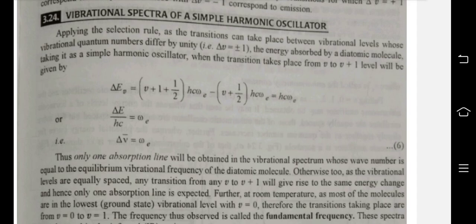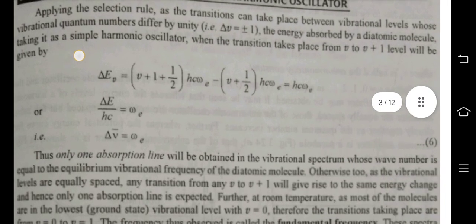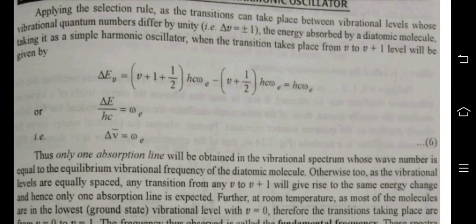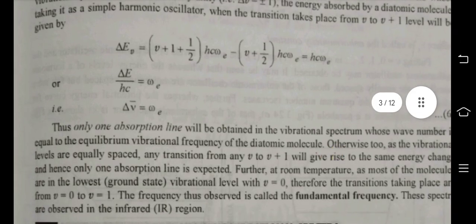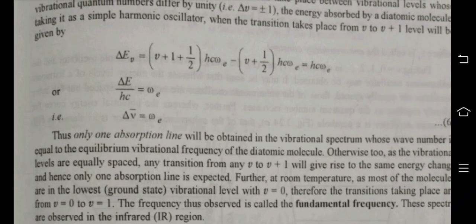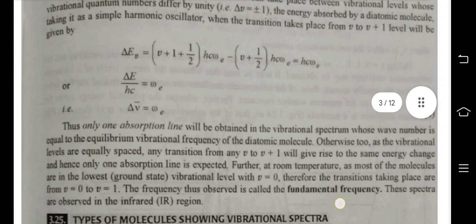The energy absorbed by a diatomic molecule, taking it as a simple harmonic oscillator, when the transition takes place from v to v plus 1 level will be given by delta E is equal to (v plus 1 plus half) hc omega e minus (v plus half) hc omega e is equal to hc omega e, or delta E upon hc is equal to omega e, or delta nu bar is equal to omega e.